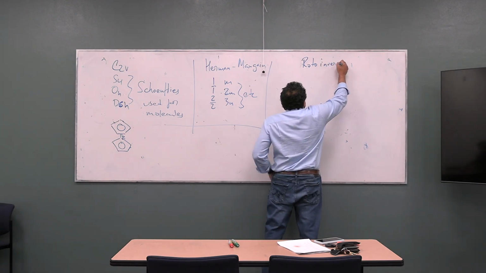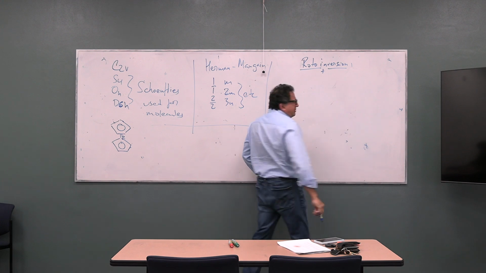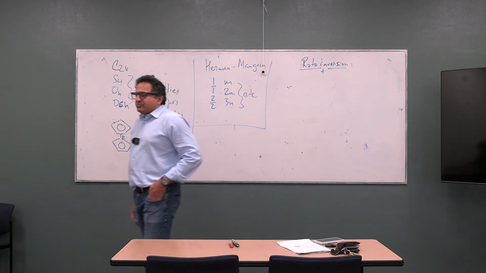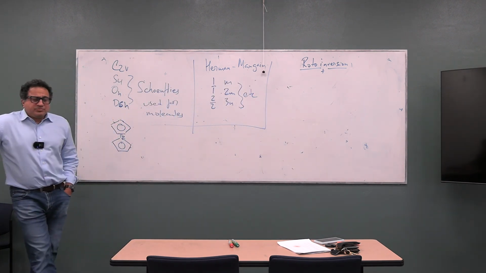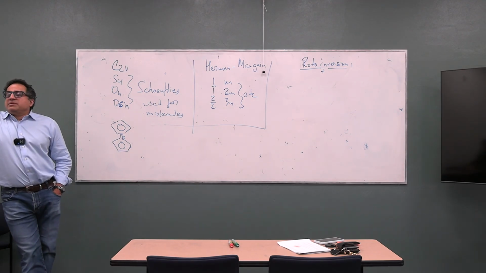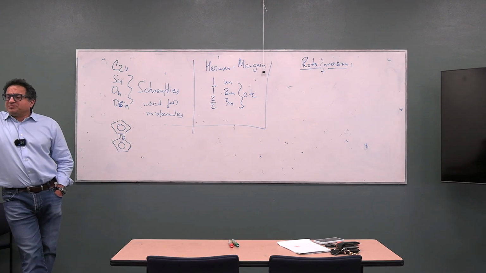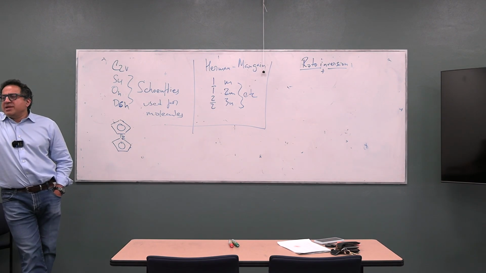Roto-inversion is a rotation plus an inversion. Okay, rotation plus inversion. So inversion means if you have a point plus x plus y plus z, you flip it around the origin and look at it as minus x minus y minus z.